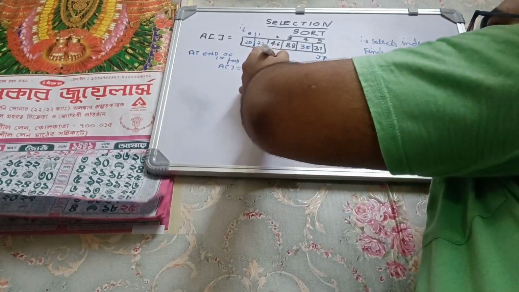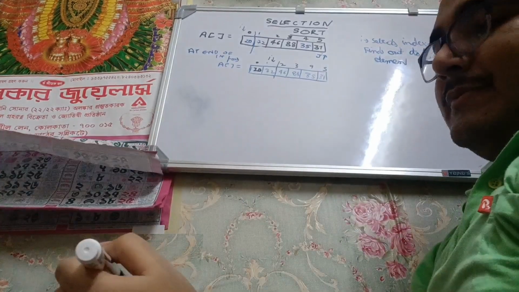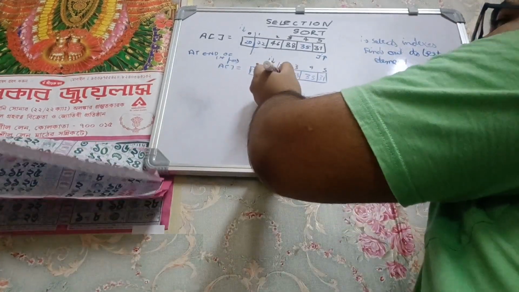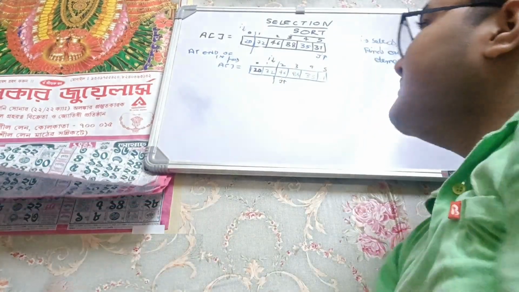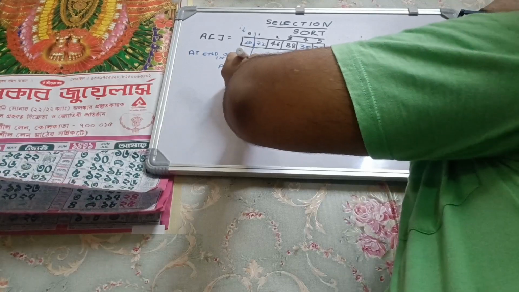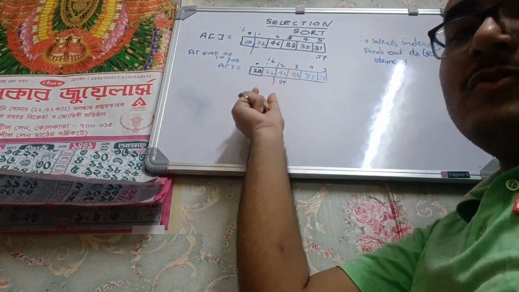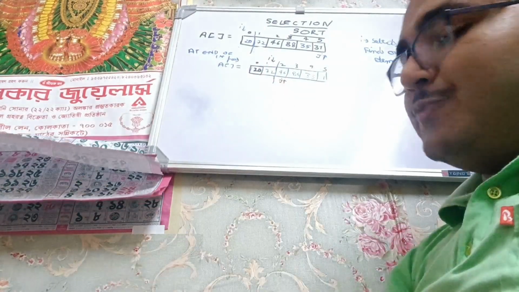And j starts from i plus 1. Now this element 20 is out of comparison. This 20 won't be compared with anyone, as it is now in its perfect position.